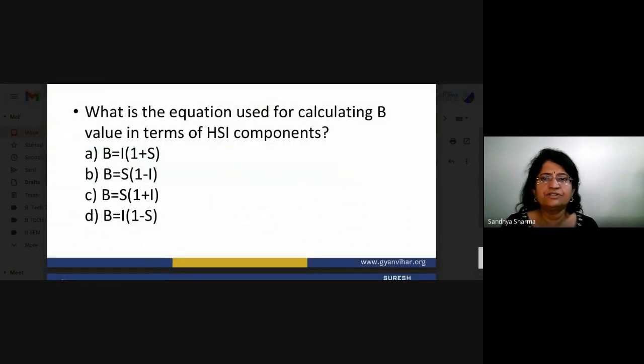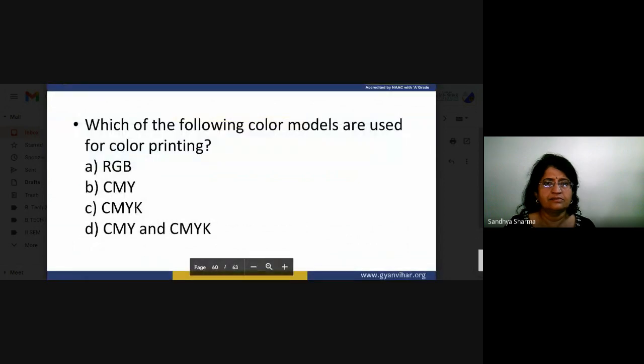Now, what is the equation used for calculating the B value in terms of HSI components? You can also use this one. Which of the following color models are used for color printing? You have to know which model we are working with for color printing.